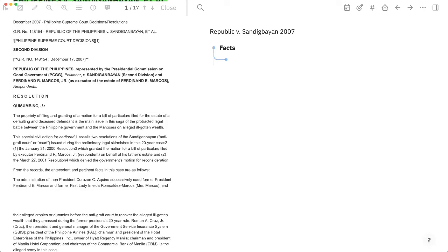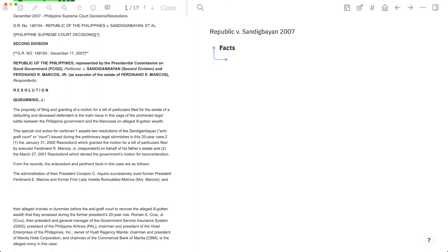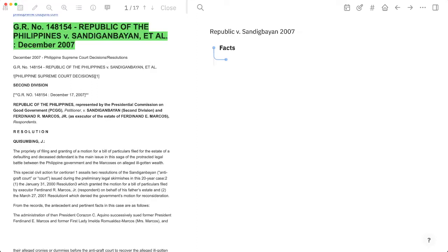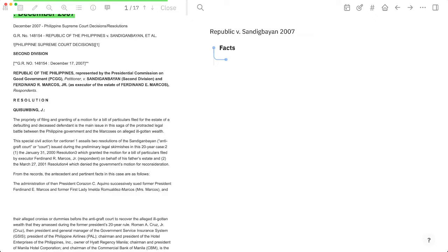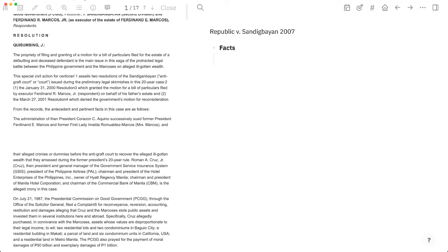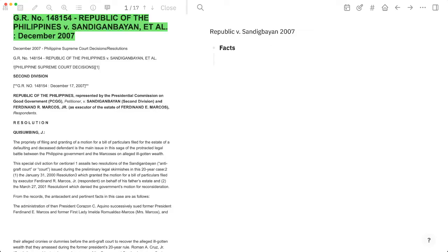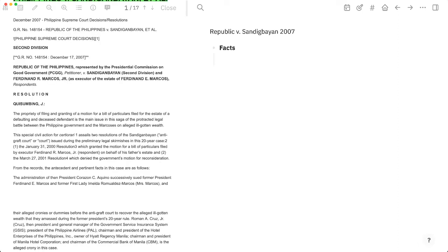So let's start with, anong tawag nito? Procedural history, what happened from the lower court and then ganyan-ganyan. But okay, ang ginawa dito is resolution. So this is a resolution, no? And then okay. So the propriety of filing and granting a motion.